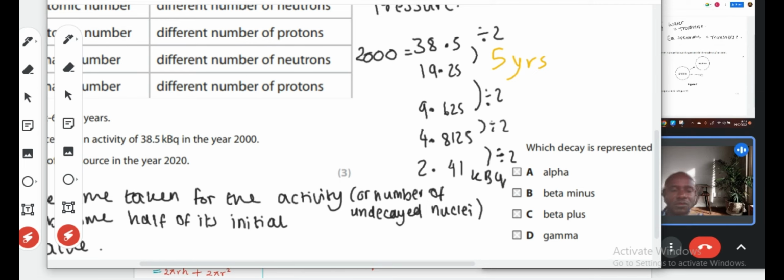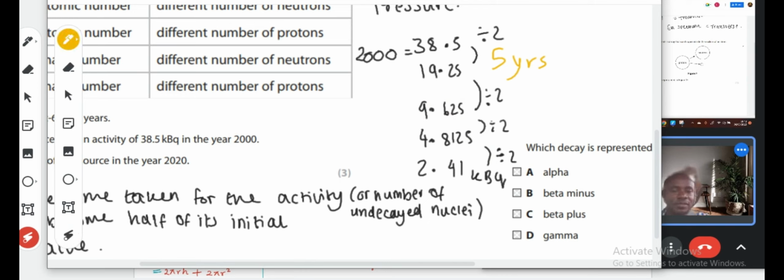Okay, so this is cool. After 5 years, it halves from 38.5, it becomes 19.25. After another 5 years, it halves again to 9.625. After another 5 years, it halves to this, and another 5 years, it halves to this. Have we exhausted the 20 years between 2000 and 2020?